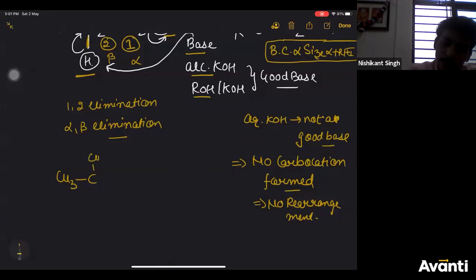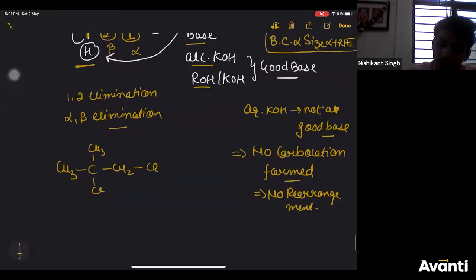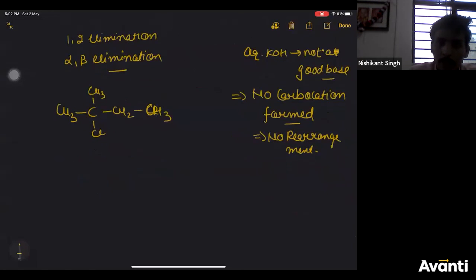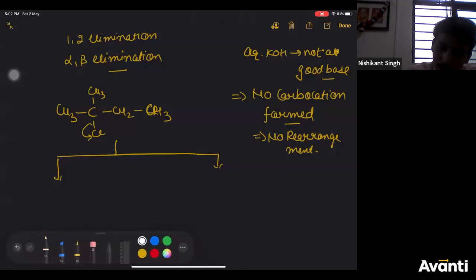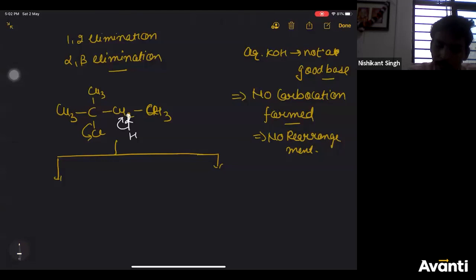Let us take CH3 here, Cl here, CH2, Cl, CH3, sorry. Using this, I can write two products. I will show the homework question later. So see carefully. From this carbon, Cl will go. From the next carbon, that is this carbon, you can remove H so that your product will be CH3, CH3.